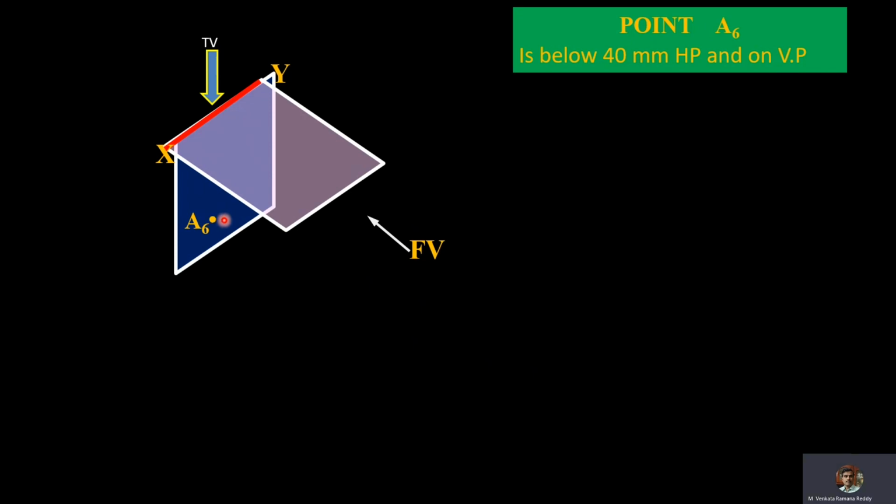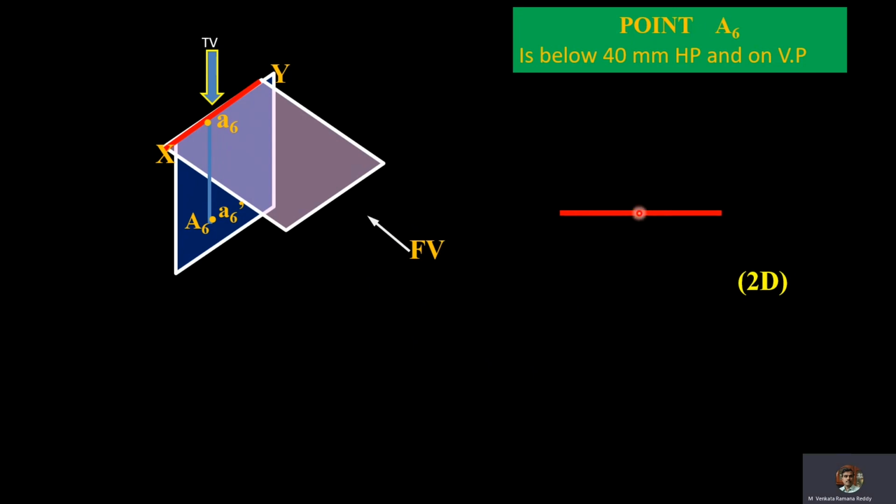that is A6 dash. Now in the case of top view, we'll see the distance of the point from the vertical plane. It is 0. So its top view falls onto the XY line, A6. Now we'll draw the orthographic projection of the points in a two-dimensional way.